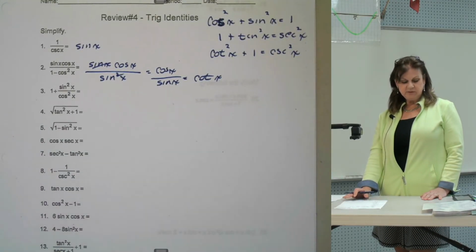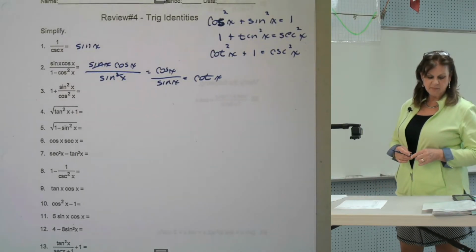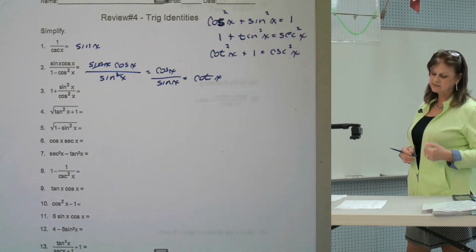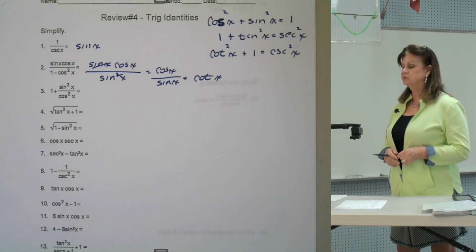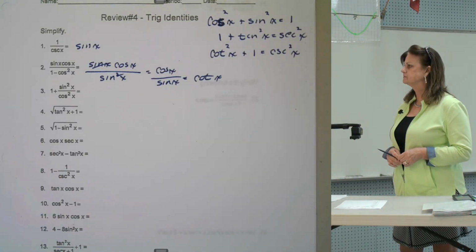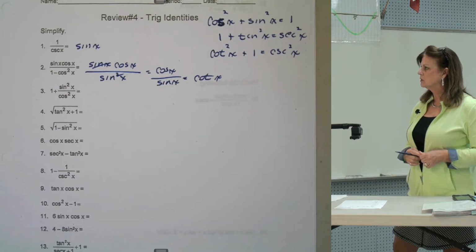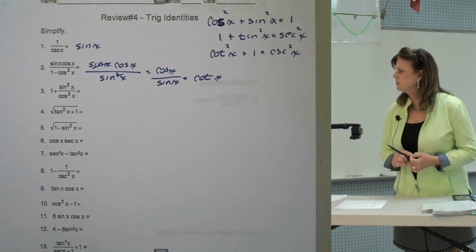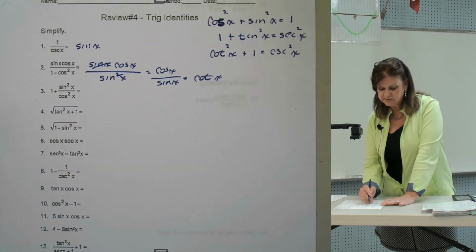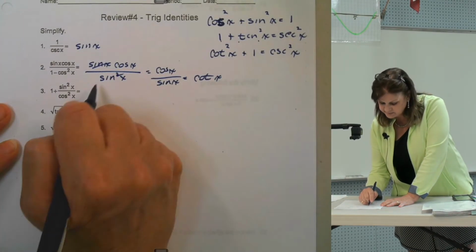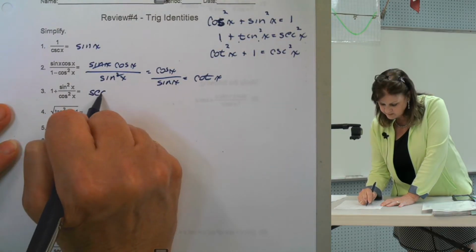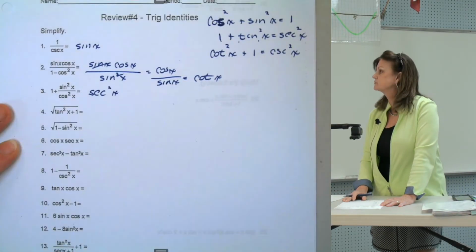Number 3 is a little more challenging. You have 1 plus sine squared over cosine squared. Now, you may want to turn those into rationals, or sine squared over cosine squared is tangent squared, and 1 plus tangent squared is secant squared.